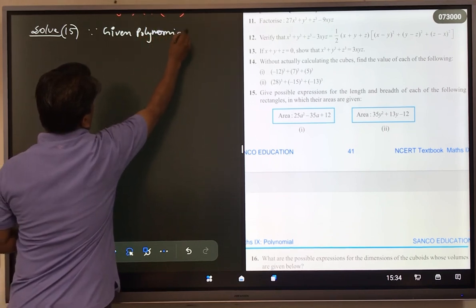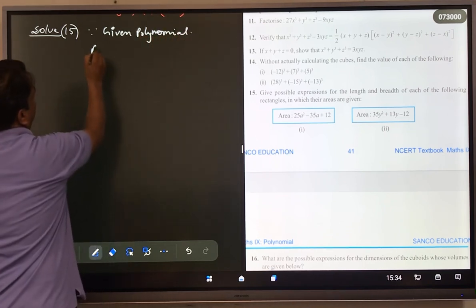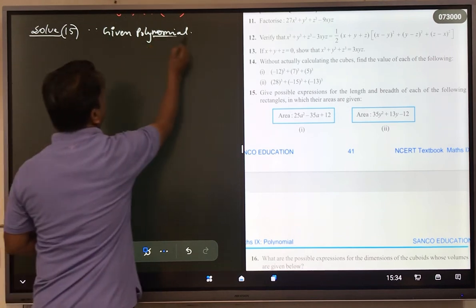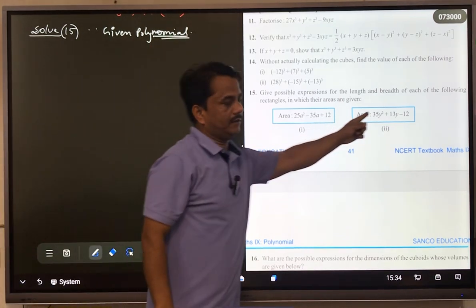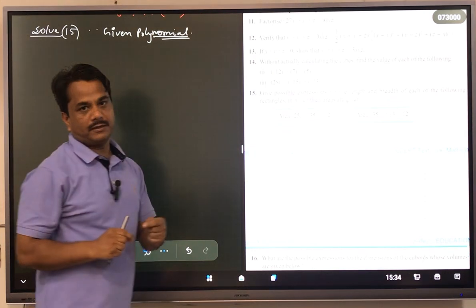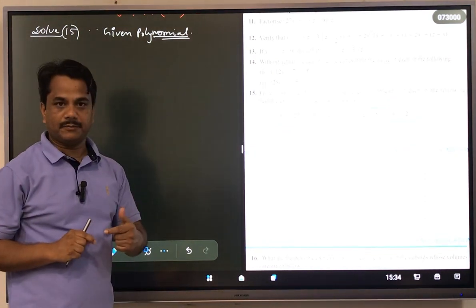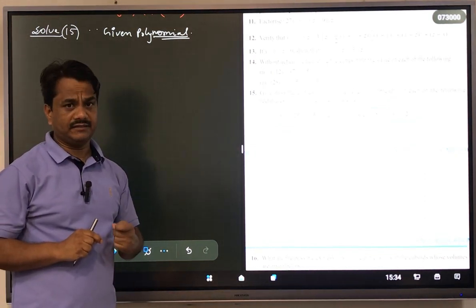what is the given polynomial? Suppose the given polynomial is an area polynomial, right? Because this polynomial gives the information about the area's dimensions, length and breadth.